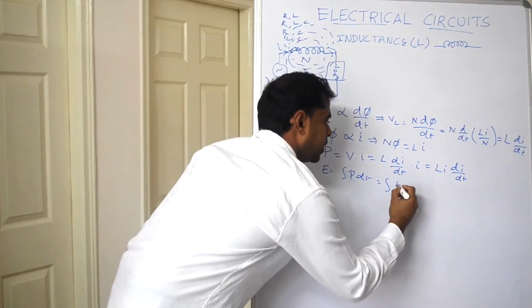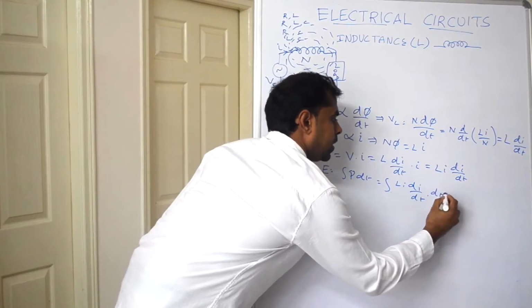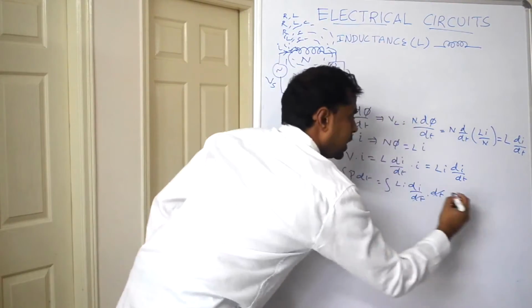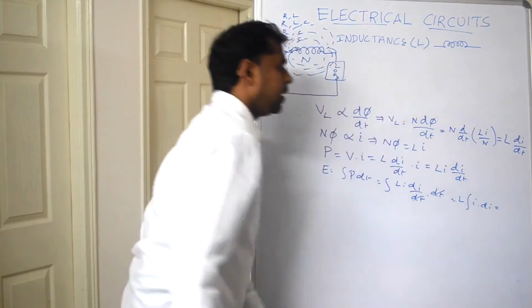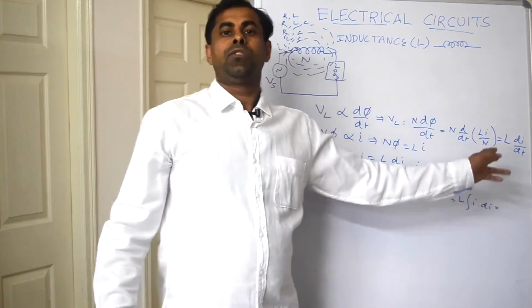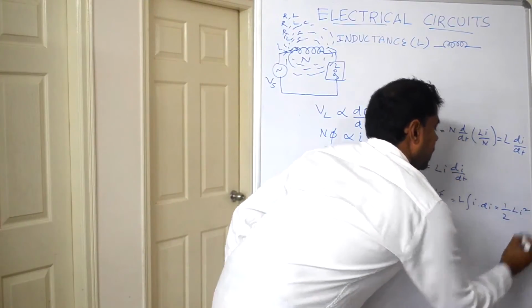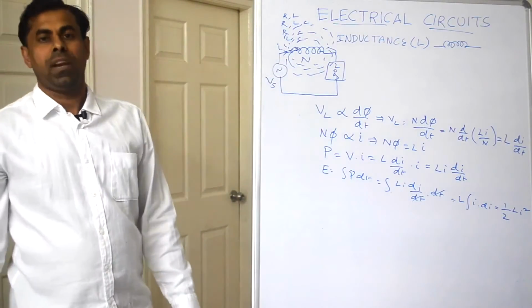If I substitute P as L into I into di by dt, dt gets cancelled, so L as a constant I am taking out of the integration, it will be the integral of I di. The integral of I di is I square by 2. If I substitute that, it is half L i square. This is the energy stored in the inductor. Energy stored in the inductor is half L i square.